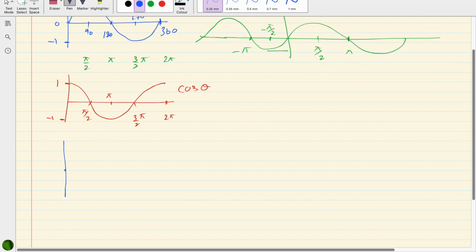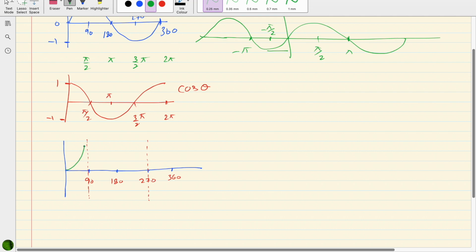When we talk about tan theta, we divide them into 4 equal parts, 1, 2, 3 and 4, and draw vertical asymptotes at the first and third intervals. So this is 360, that is 270, this is 180, and this is 90. Now we'll draw the graph.